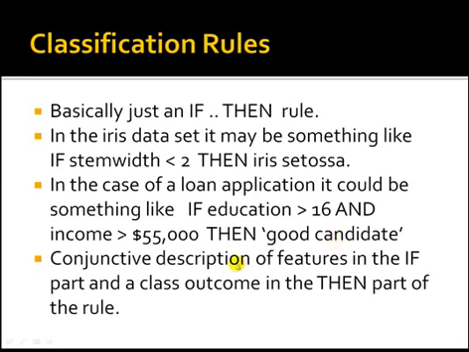Okay, so the if part can be conjunctive, can have a lot of ands in it. And the class outcome is in the then part. So remember here, the class outcome was Iris setosa, Iris virginica, and Iris something else. And here, the class outcome is good candidate or not good candidate. So in the then part comes the class outcome.